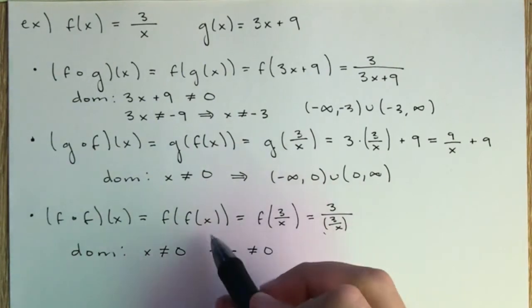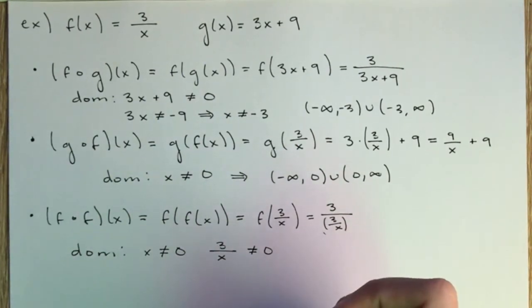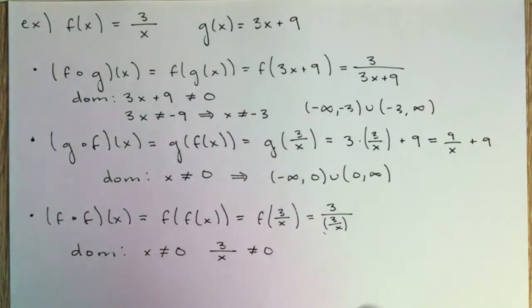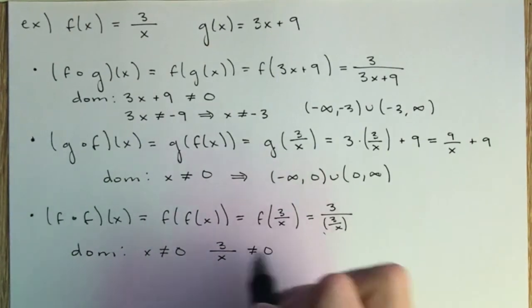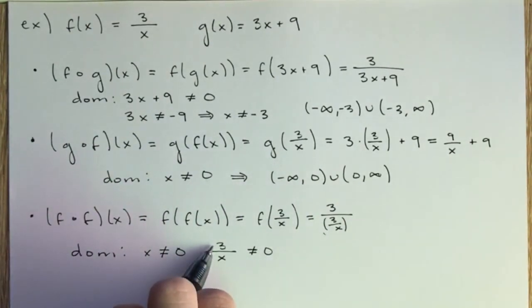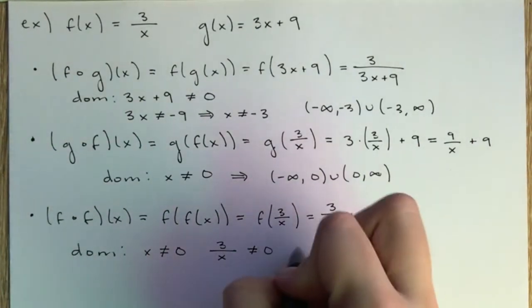A fraction is 0 when its numerator is 0, right? 0 over 1 or 0 over 3 or 0 over 12 or whatever. So this will be 0 when the top is 0. The top is 3. Is 3 ever going to be 0? No, 3 is not 0, so it's never going to be 0. 3 is 3.